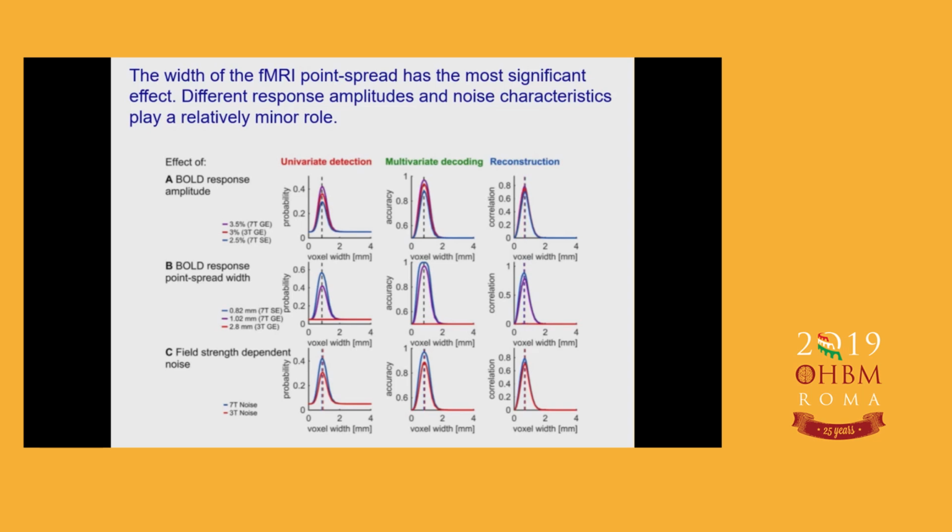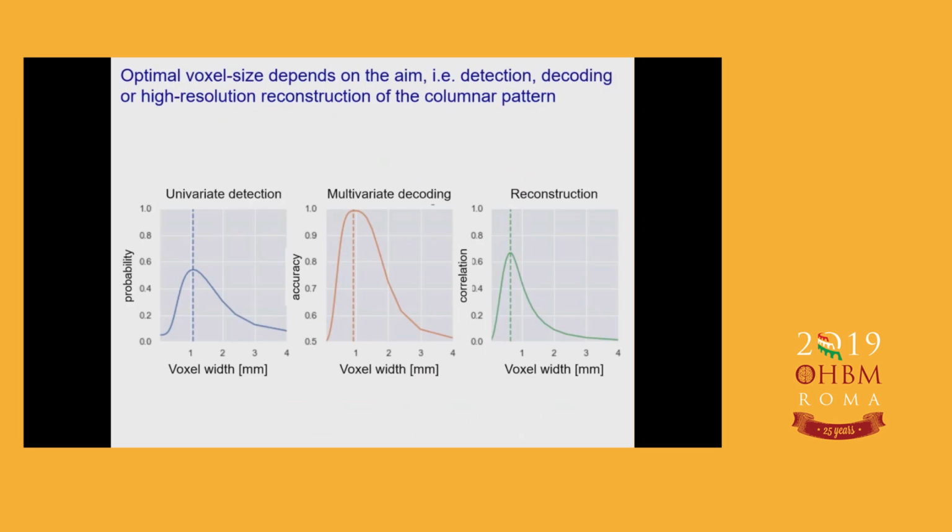And this is not the case for the amplitude or the field strength dependent noise. So the BOLD point spread function is the determining factor in successful decoding or imaging of cortical columns.